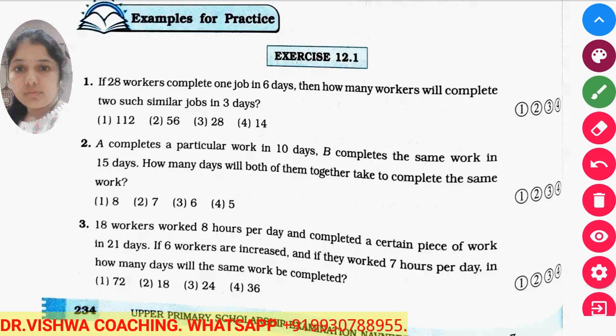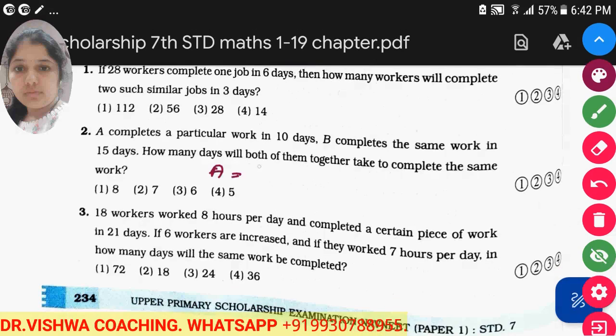Work done by A in 1 day is equal to 1 upon 10, and work done by B in 1 day is equal to 1 upon 15.